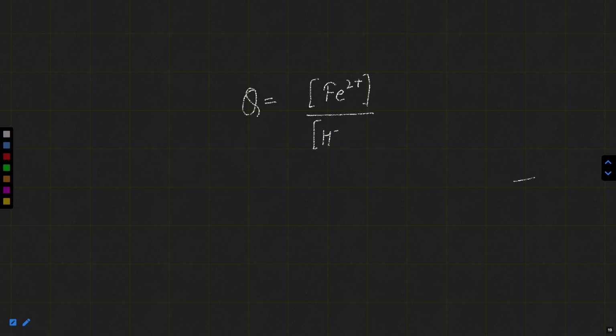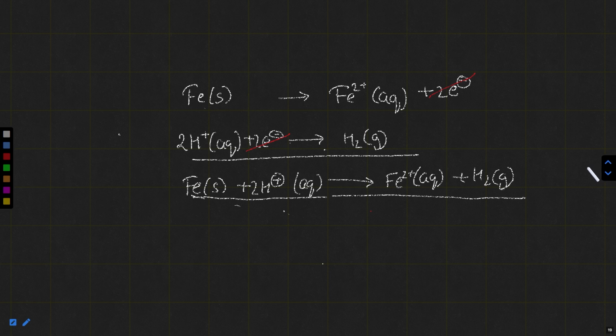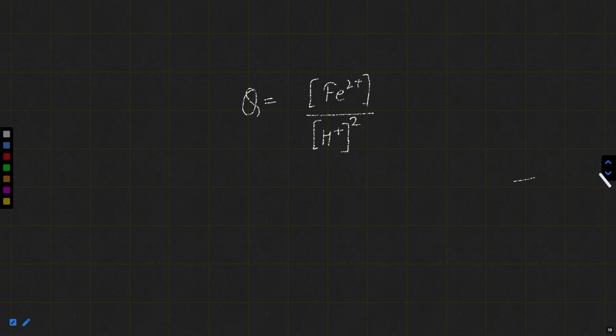Now all the students just focus on this, right? We have to give the square. Why do we have to give the square? We have learned it in equilibrium. So the coefficient should be present as the power. All of these species had a coefficient of 1, so we didn't put any power. But here we need to put the power because H+ has a coefficient of 2, so it will have a power of 2.